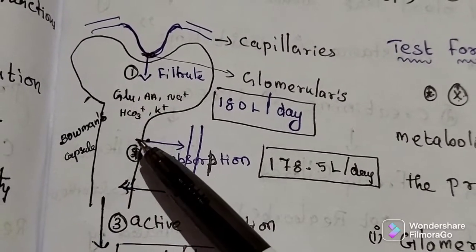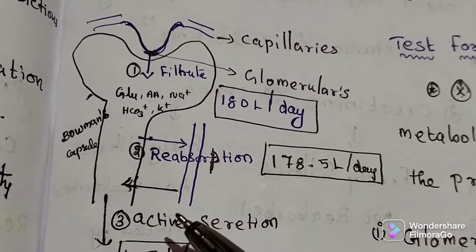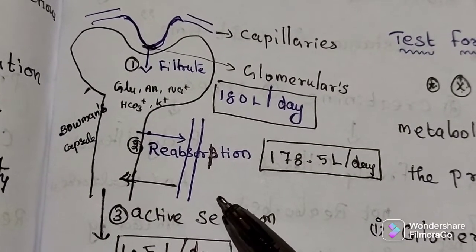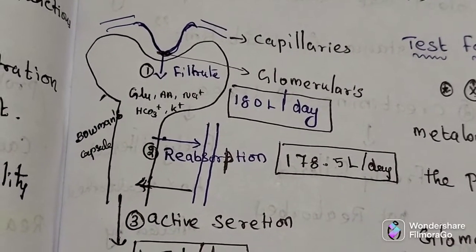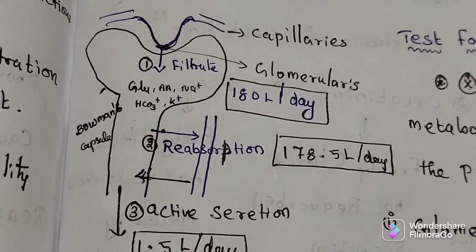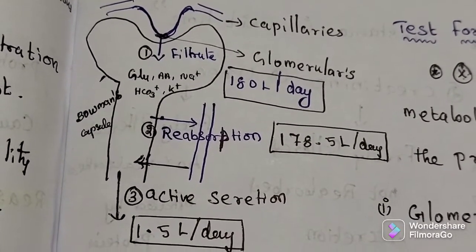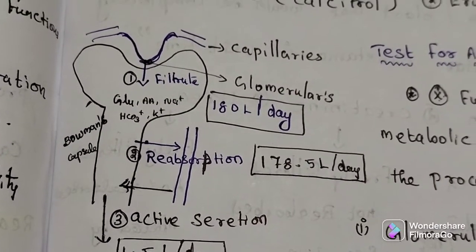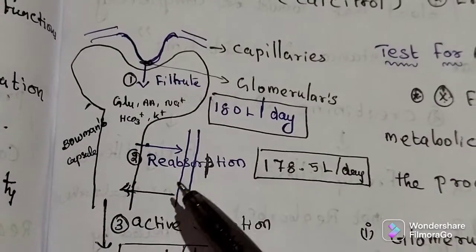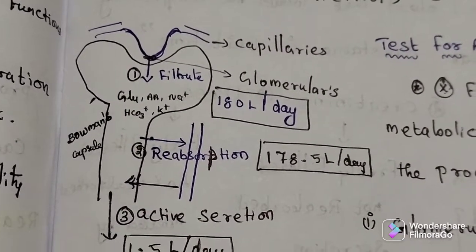Third one is active secretion. The waste products are directly secreted into the renal tubules. These are the three processes in urine formation: glomerular filtration, reabsorption, then active secretion.